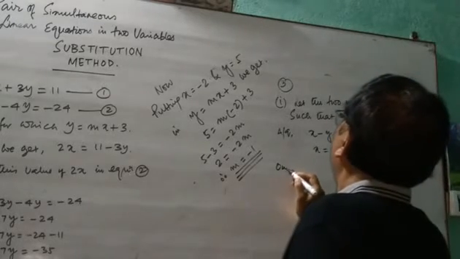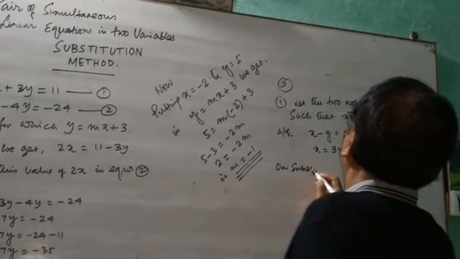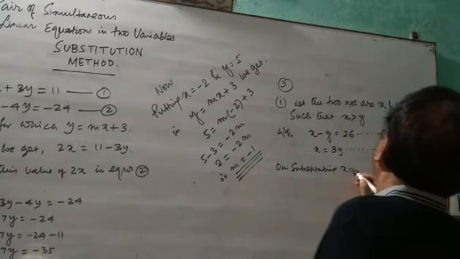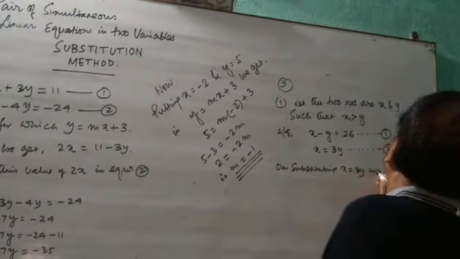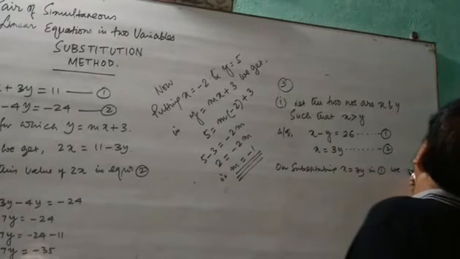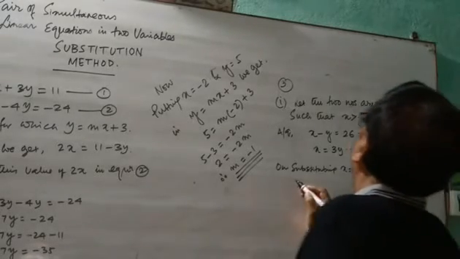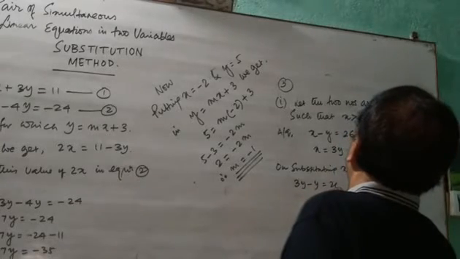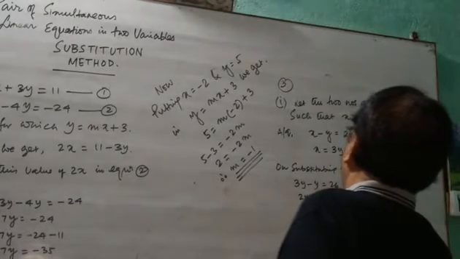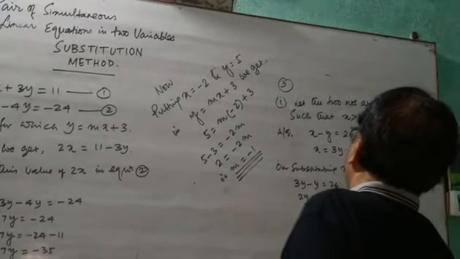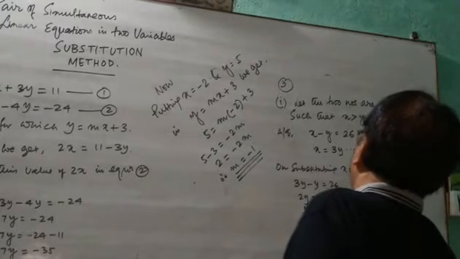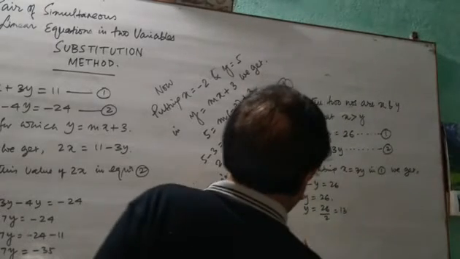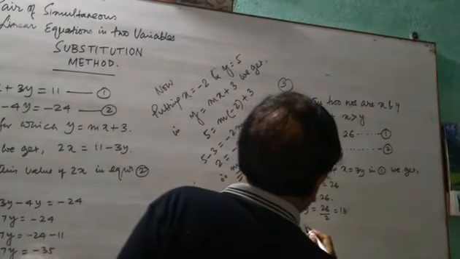On substituting x equals 3y in 1, we get 3y minus y equals 26, 2y equals 26, y is equal to 26 by 2, that is 13, and therefore x is equal to 3y.